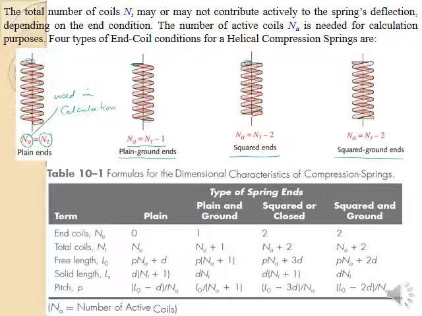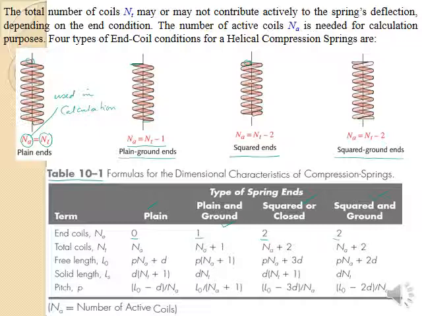Now, why do we need this? We need this to determine active coils if the total number of coils is known, and to determine total coils if active coils are known, and vice versa. And this table in your book provides all the information for four conditions: plain, plain and ground, squared and closed, and squared and ground. So the end coils 0, 1 and 2 are not useful.